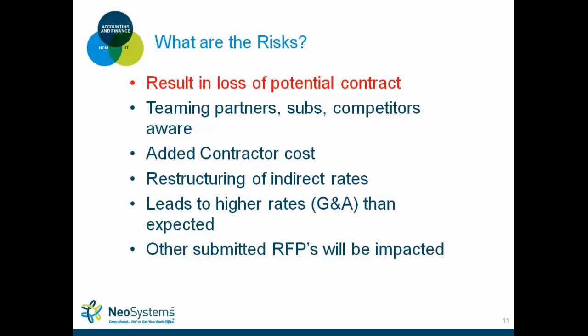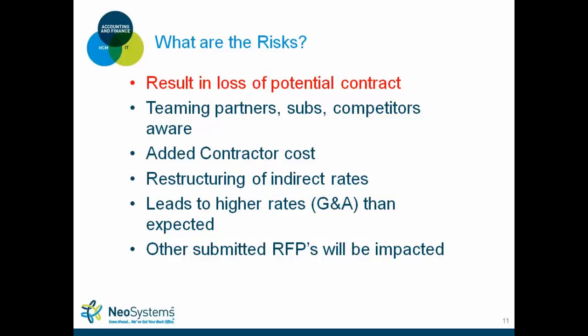So if you have a loss of this potential contract due to the fact that once DCAA reviewed that cost buildup, they didn't think it was appropriate, then there's a ripple effect. It'll affect your teaming partners, subs, and competitors, and they'll also be aware that you weren't able to build up that cost correctly, right?